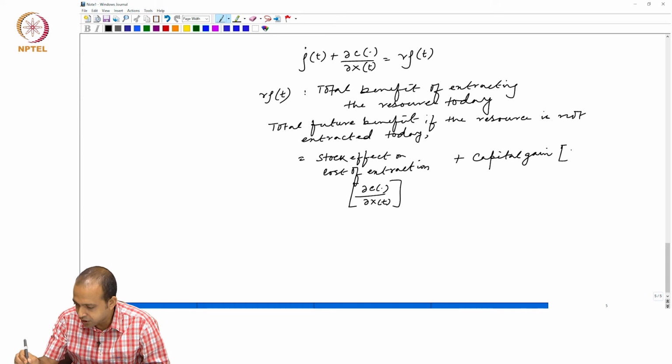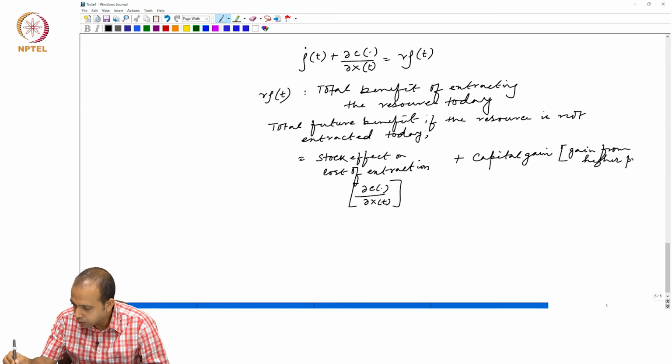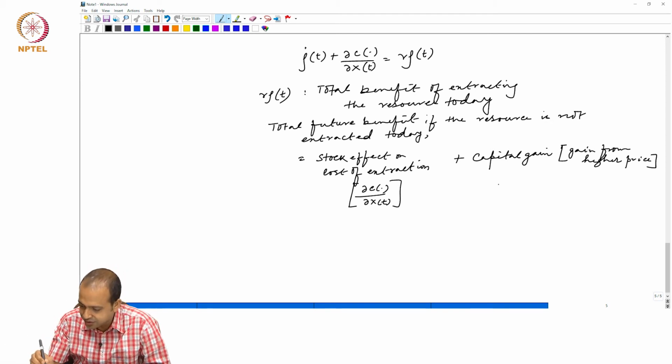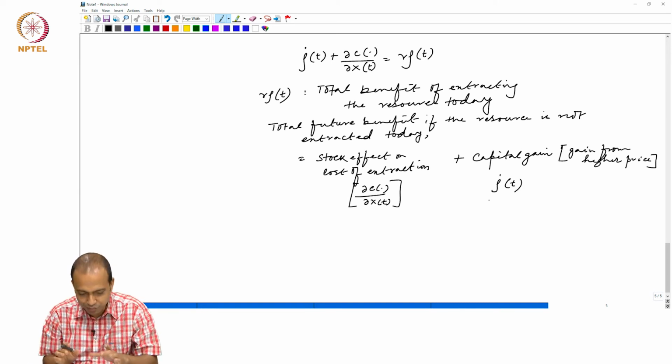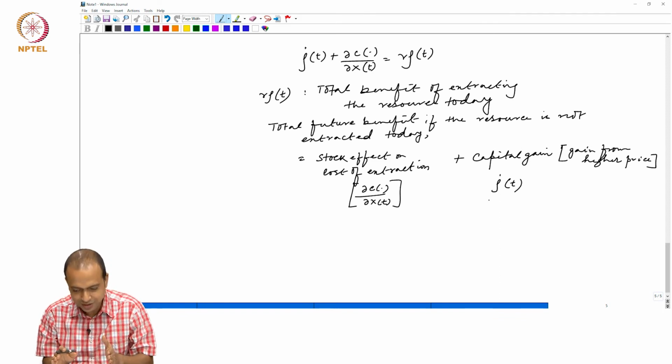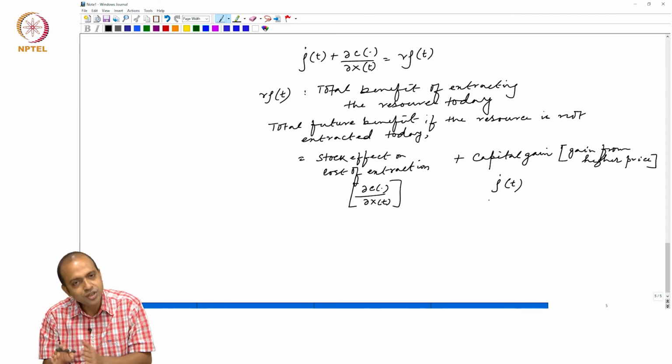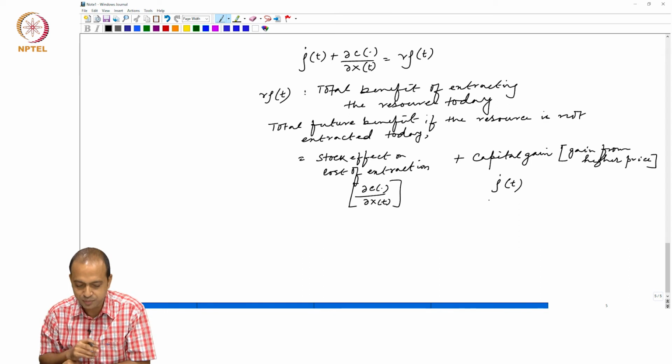So, this is basically the gain from a higher price. Capital gain, and that is denoted by rho dot t. So, that means at equilibrium, today's benefit is equal to tomorrow's or future benefit.